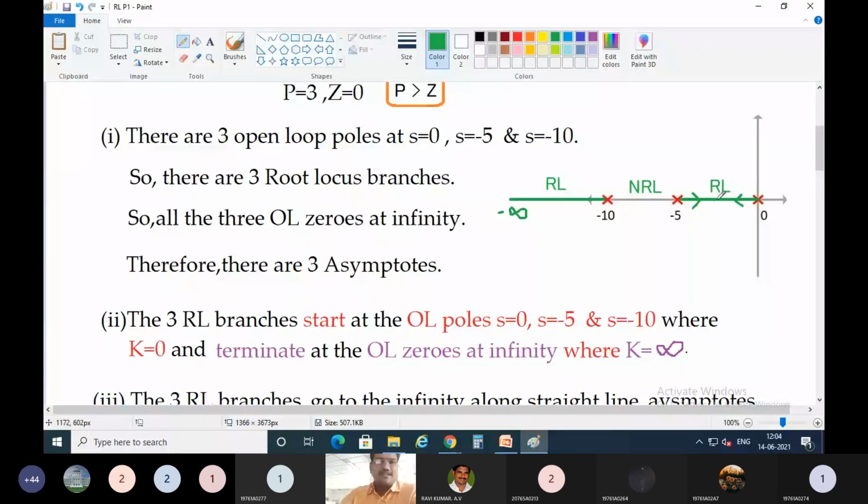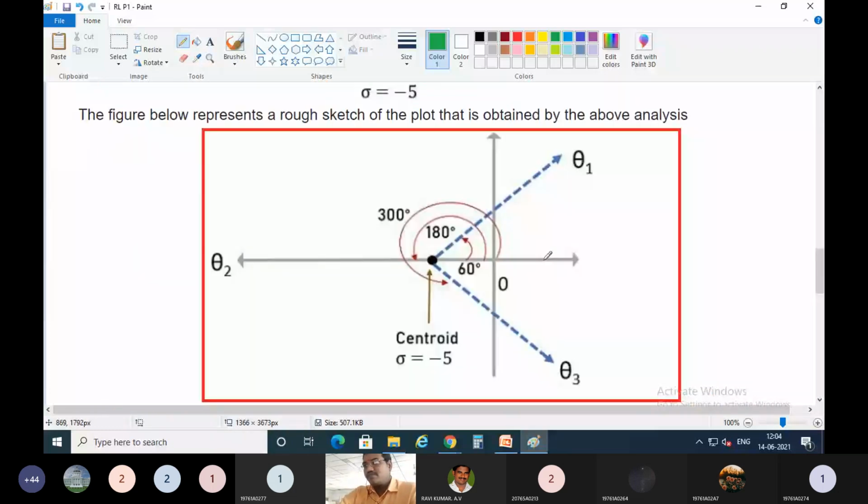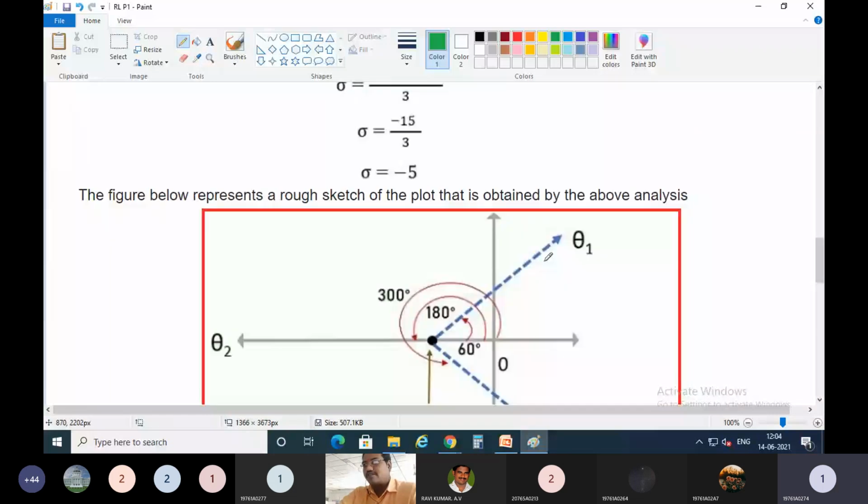There the root locus breaks away. Another root locus branch starts at minus 10 and is going to end at minus infinity. Clear? So which one is valid? Minus 2.113 is the valid one.